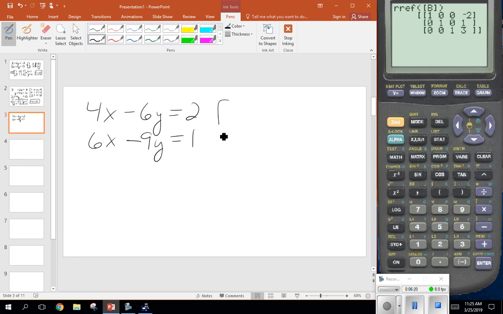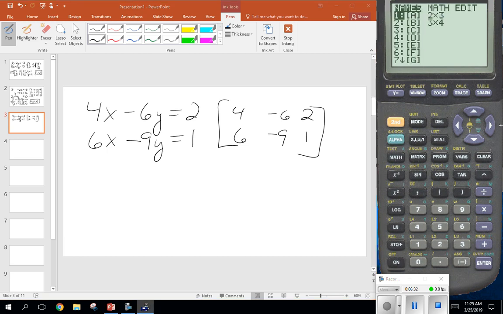And I'm thinking, okay, I'm going to do my thing, put this in as a matrix. No problem. So second matrix, what you're going to do, go over to edit. I'm just going to put this in as A, still 2 by 3, 4, -6, 2, 6, -9, 1.